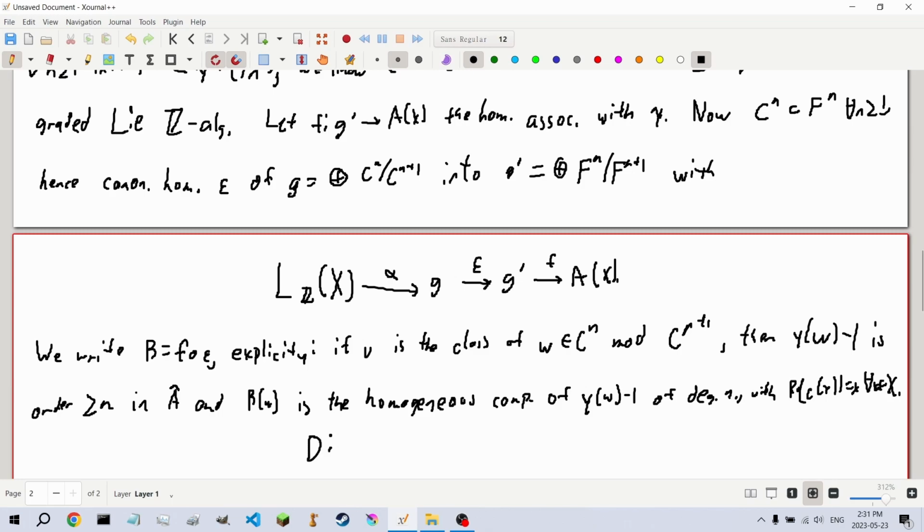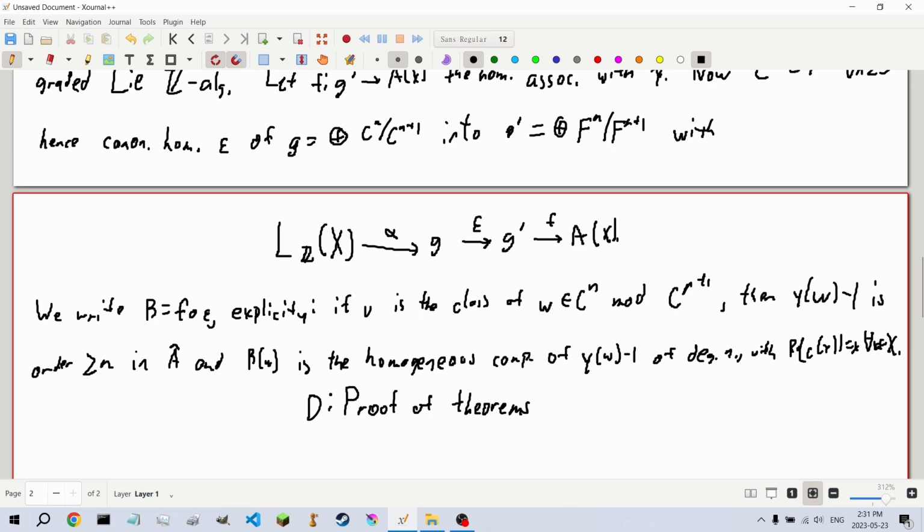Finally, we have part D, which is the proof of our theorems. The Lie algebra homomorphism of beta composed with alpha, so going through that entire path up there from the integral free Lie algebra on X to the free associative algebra on X, restricted to X is the identity.